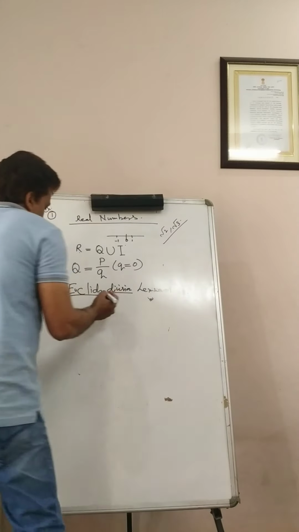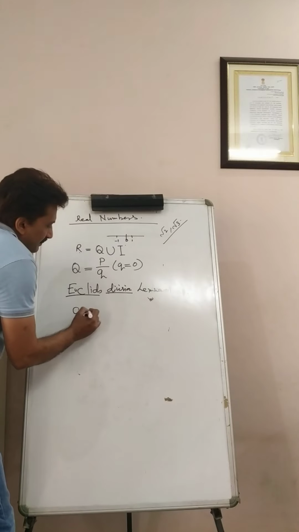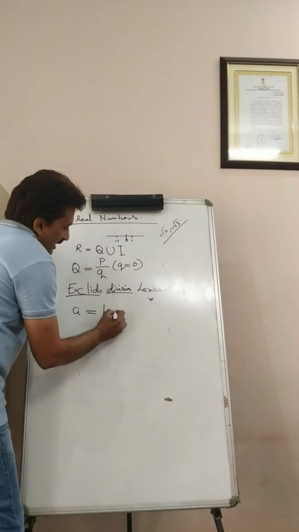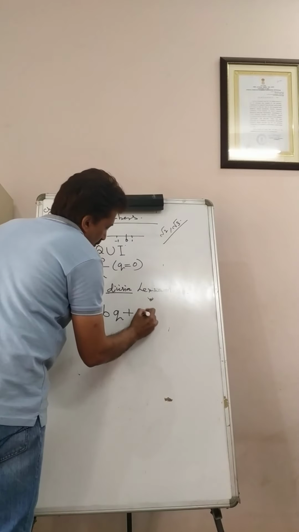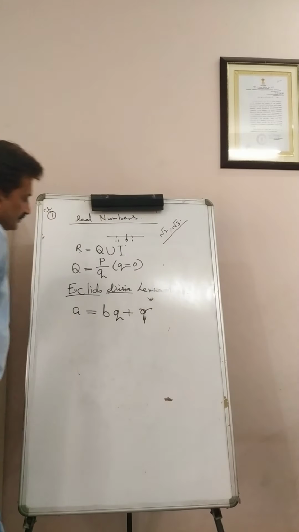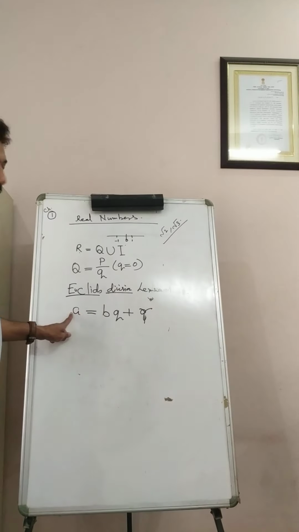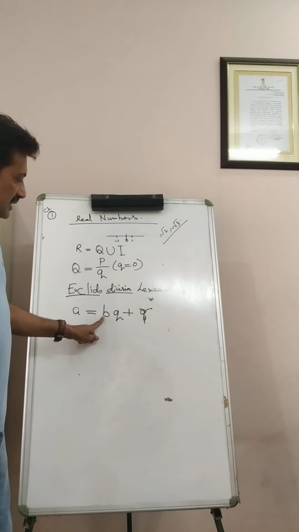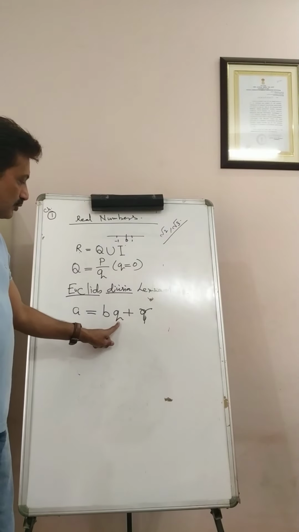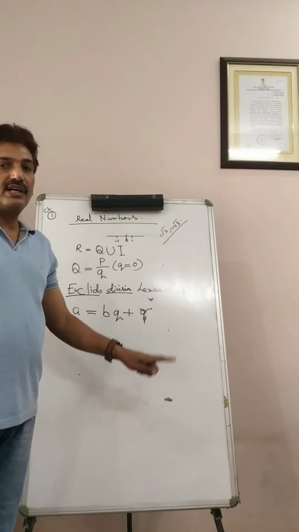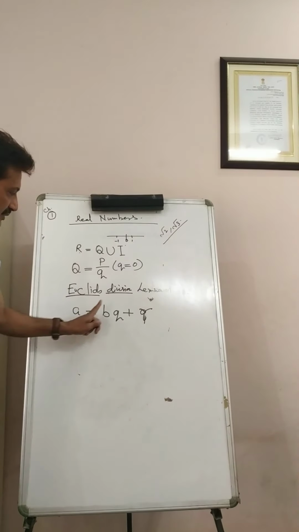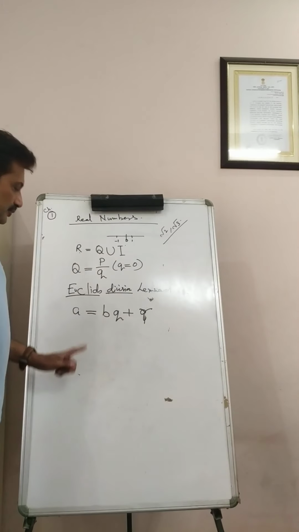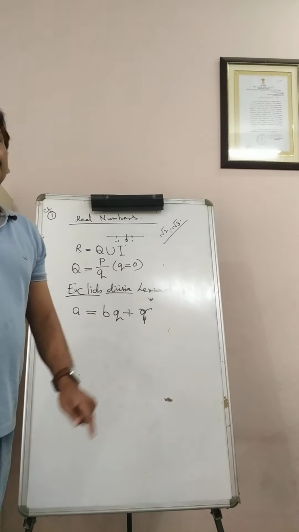Before going to the actual one, everyone is aware of this. What is this? This one is the dividend, this one is the divisor, this one is the quotient, and this one is the remainder. When you divide any number, you get this type of combination.